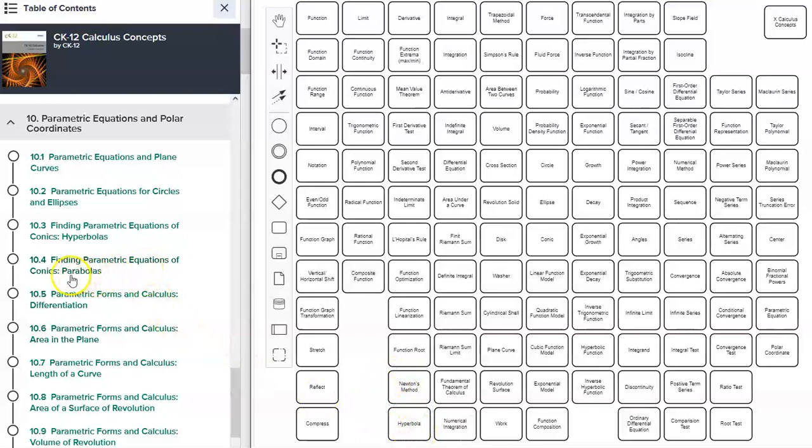And then we have parabola. We're filling up our graph fast here. Parabola. Parametric forms. Differentiations come up again, but I think we need to add parametric form.